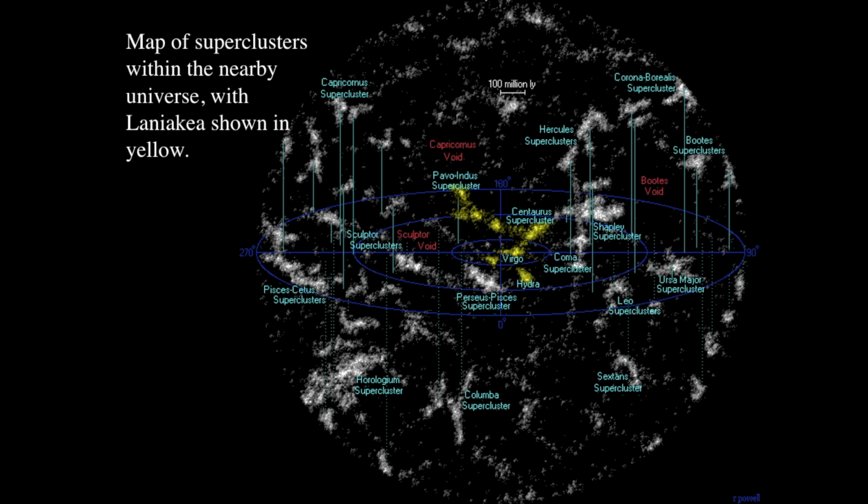The Laniakea supercluster is in yellow in here, but we see all these other superclusters around us. And superclusters make up the largest size scale objects in the cosmos and are composed of enormous numbers of galaxies with vast distances between them.